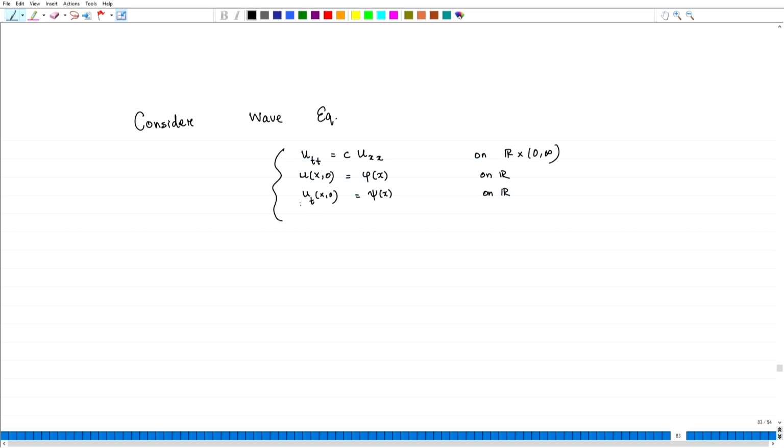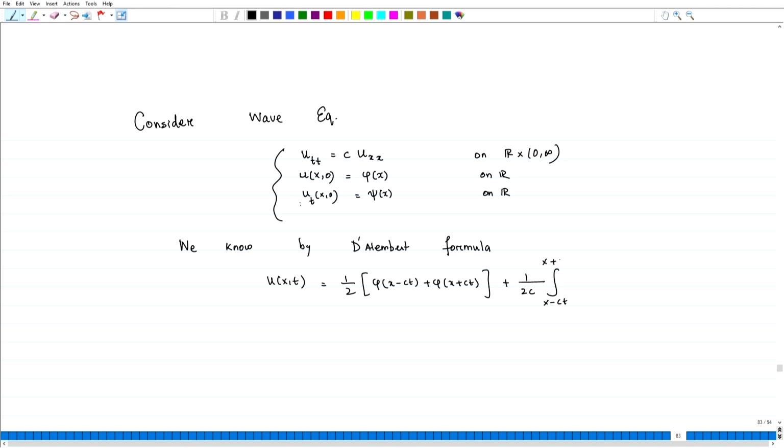We know that by D'Alembert's formula, u(x, t) is given by 1/2 [phi(x minus ct) plus phi(x plus ct)] plus 1/(2c) times the integral from x minus ct to x plus ct of psi(s) ds.